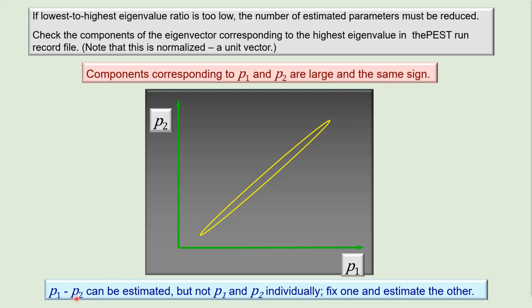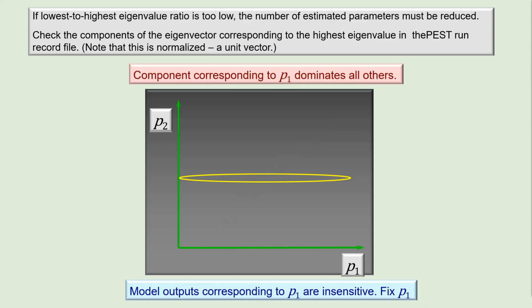P1 minus P2 can be estimated based on the information content of the calibration data set, but not P1 and P2 individually. Hence we must fix one and estimate the other when we redo our manual regularization.